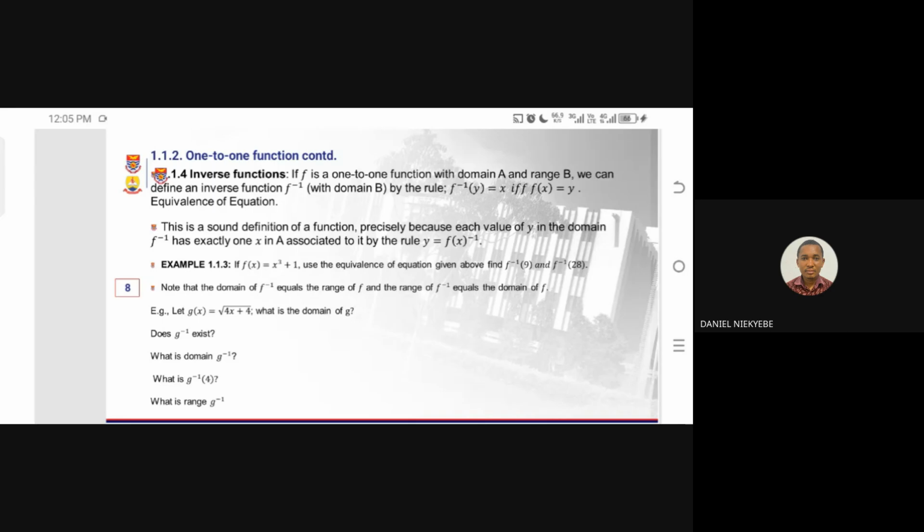And we know that we cannot have the square root of a negative number. So if you want to find the domain of g of x, it is going to be 4x plus 4 greater than or equal to 0.